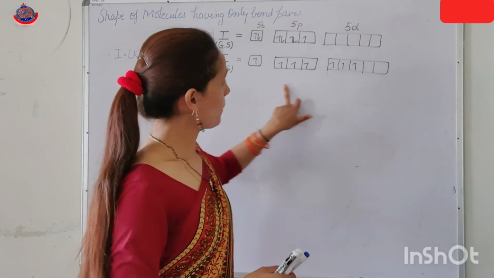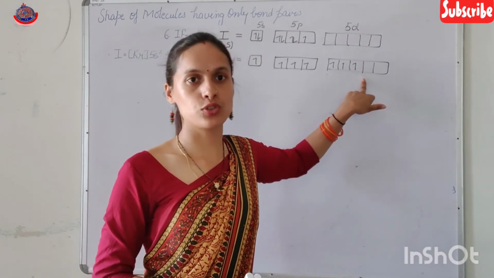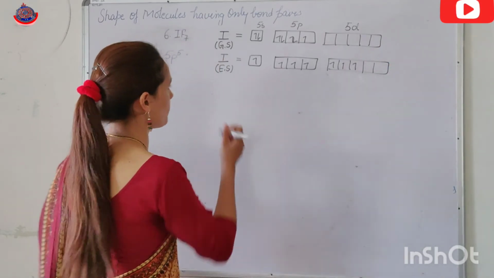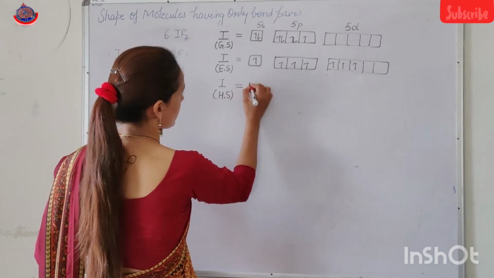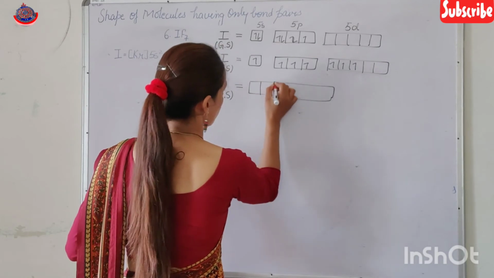Now in the hybrid state, all these 7 orbitals combine to redistribute their energy and form 7 new hybrid orbitals. So in the hybrid state we have 7 orbitals.